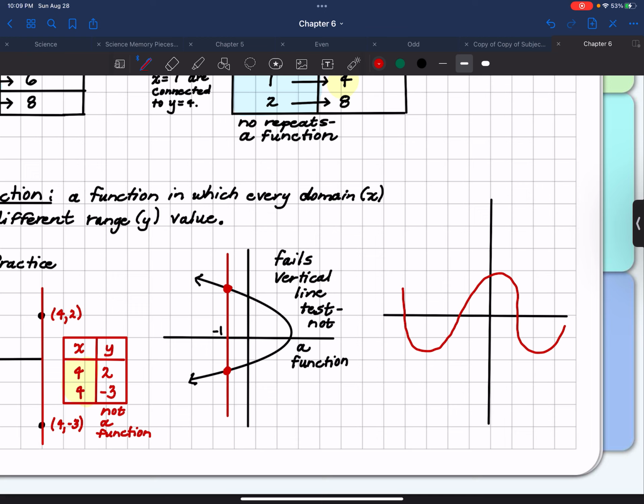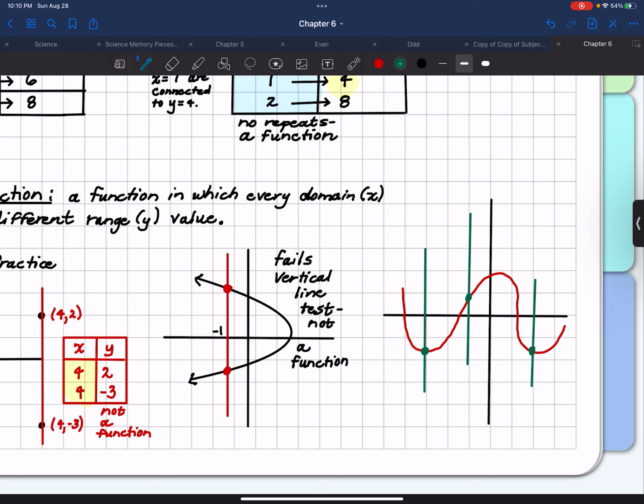Is this a function? Does it pass the vertical line test? Yes, it does pass the vertical line test, and yes, it is a function. Because it doesn't matter where I draw the vertical line. Anywhere on this function I can draw a vertical line, and there's only one point of intersection.